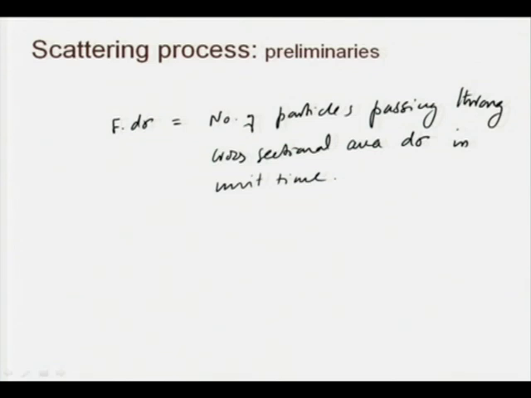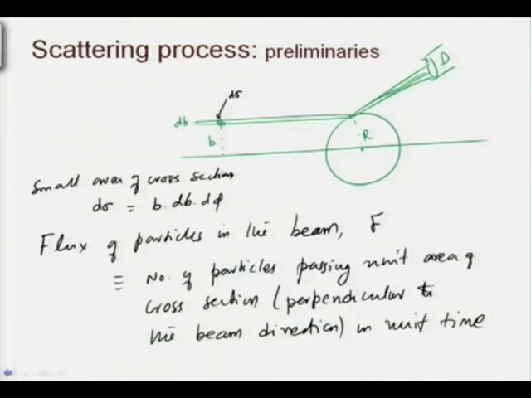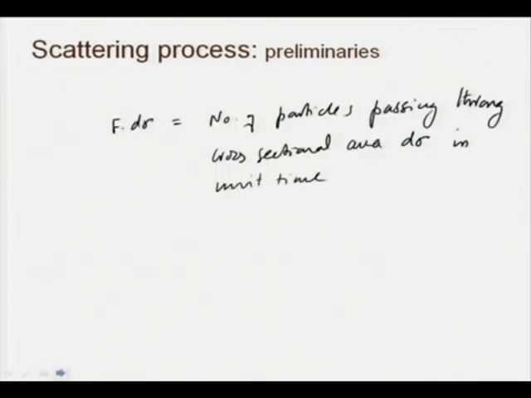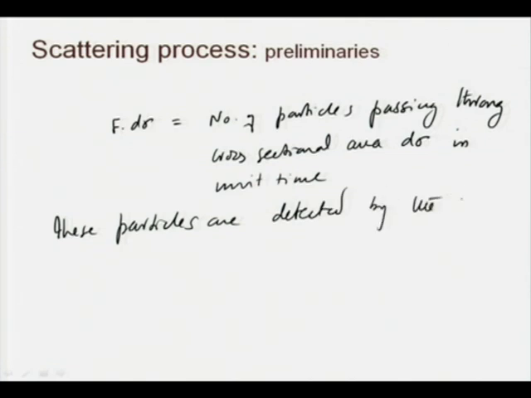Now, that is equal to F d sigma, and in the hardball scattering case, all of these particles, as you can see, will scatter into the detector there, and these particles are detected by the detector D in the figure.